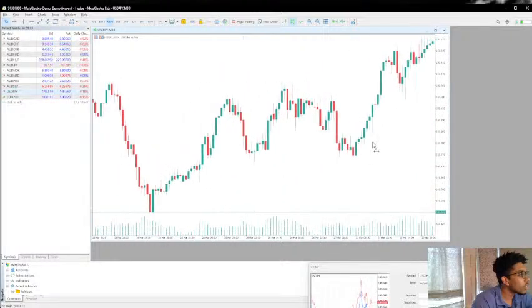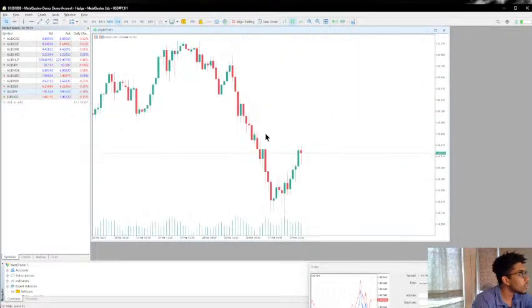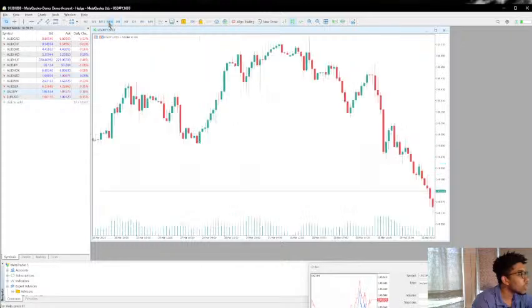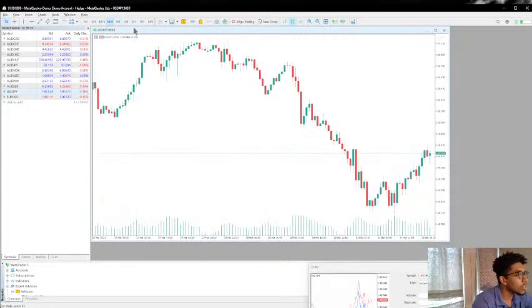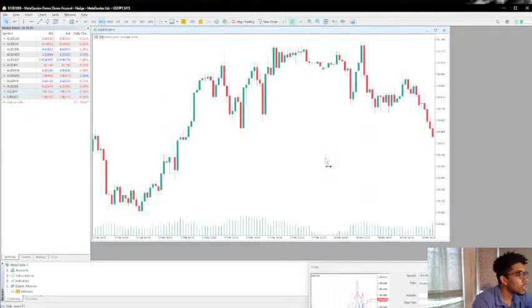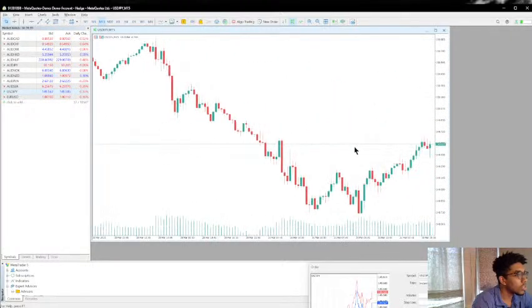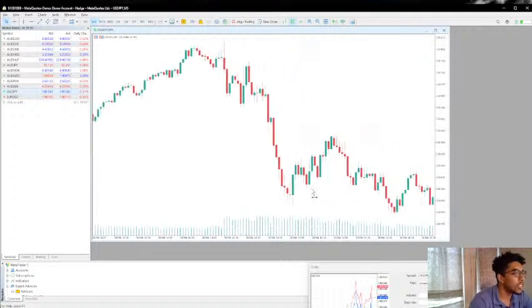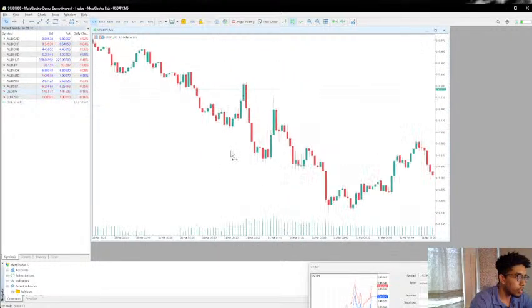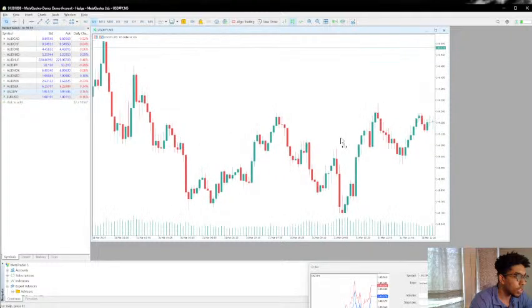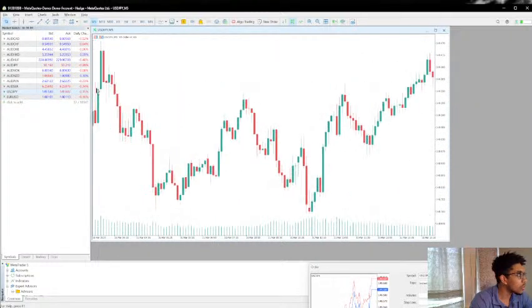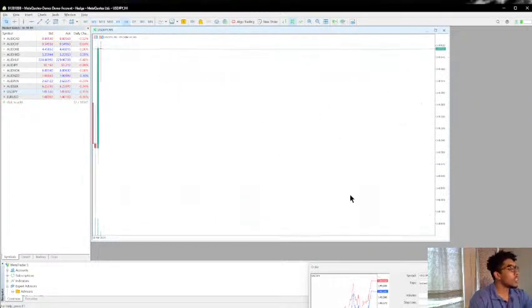Okay, interesting. 1 hour going up, going down. 15 minutes. Sometimes I like looking at the really small time frames to see if that gives me any clarity, but I think it's just noise.